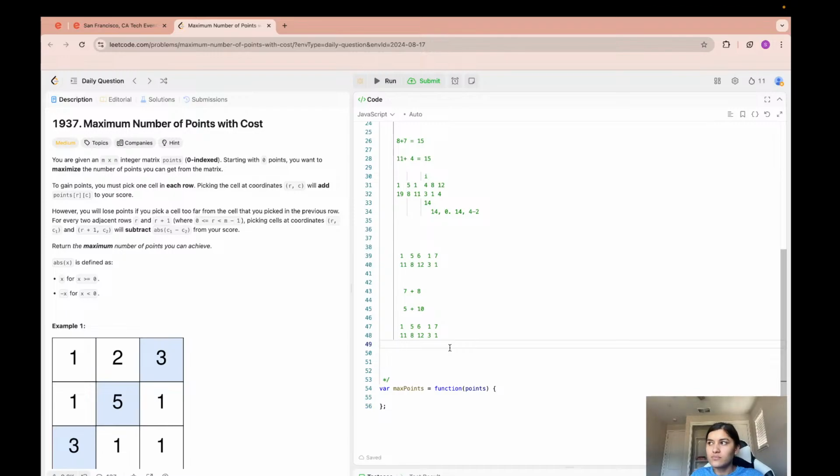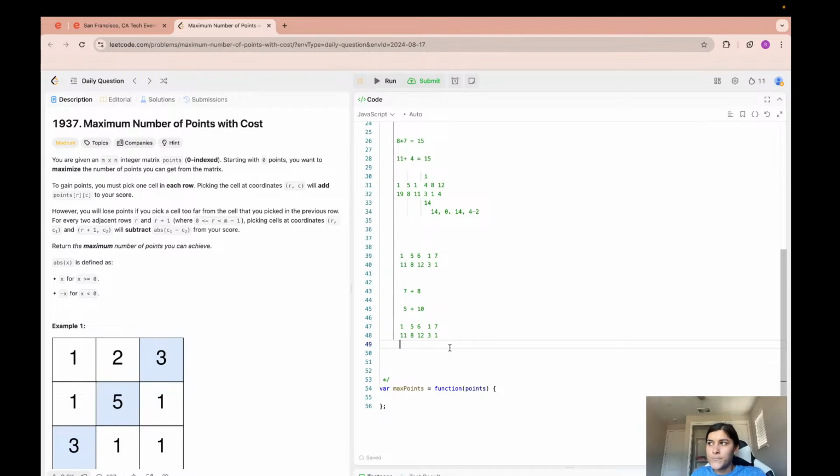Actually, when I'm considering this problem, I'm just thinking about two rows. I don't have to think about multiple rows, because two rows is enough. I just have to make sure that I select two numbers from those two rows whose sum is optimum. So how can I select two numbers from two rows whose sum is the biggest?